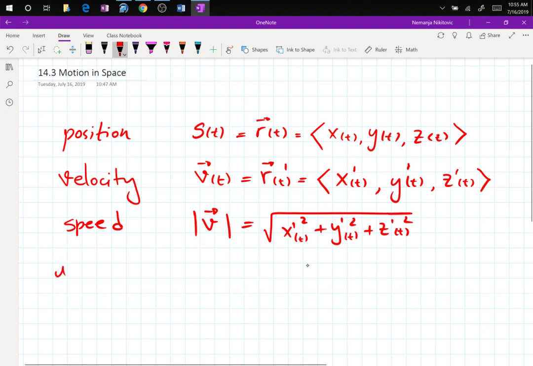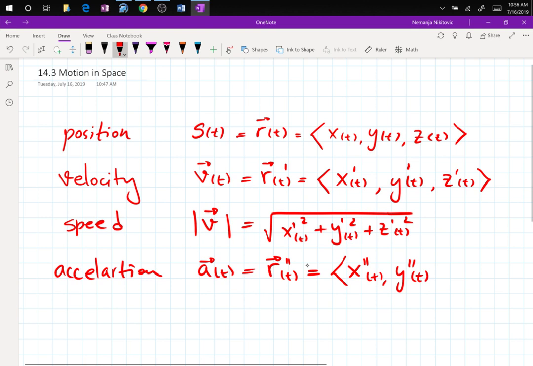And then finally we have acceleration, which would be a of t, again as a vector, and that's going to be the double prime of r of t, which is x double prime of t, y double prime of t, and z double prime of t. So what you are doing here are the derivatives of independent, right, derivatives of three components.